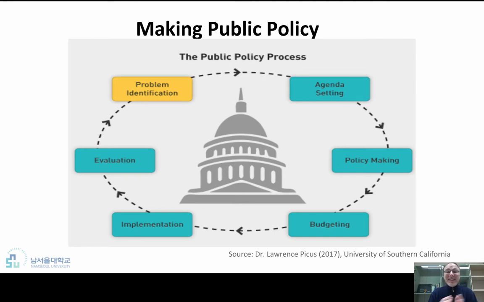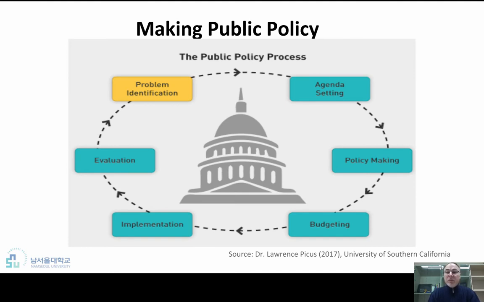In other words, it gets put on the agenda. This can be by lawmakers, or it can be by other people in a position to solve the problem or to make choices about solutions.